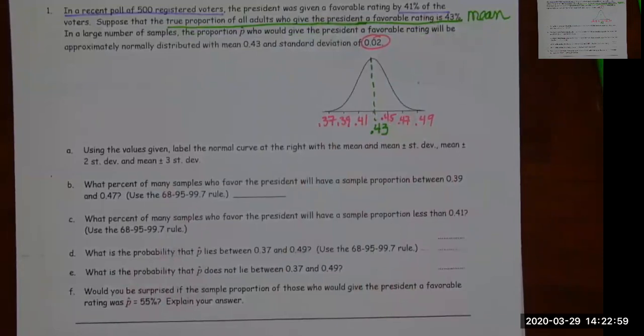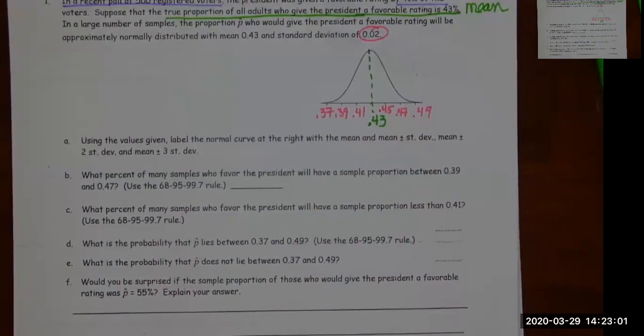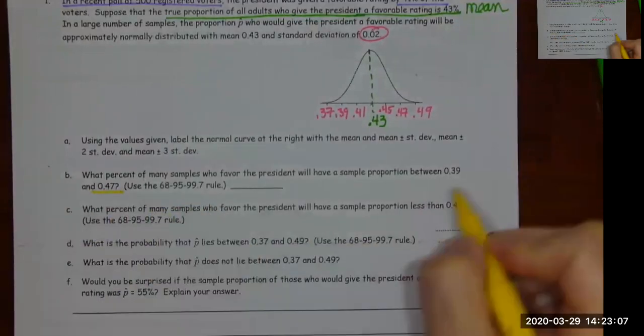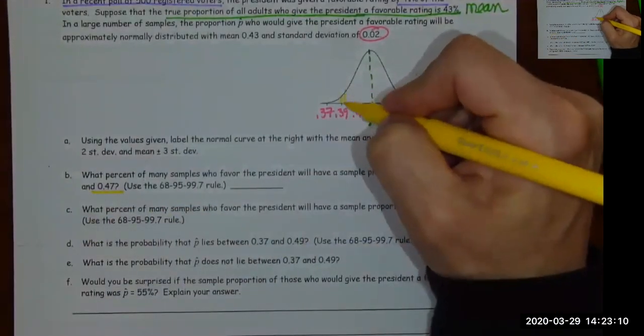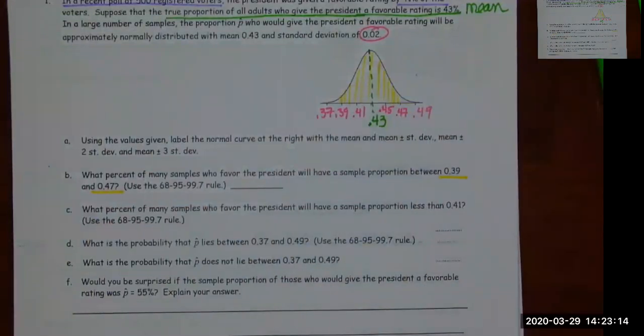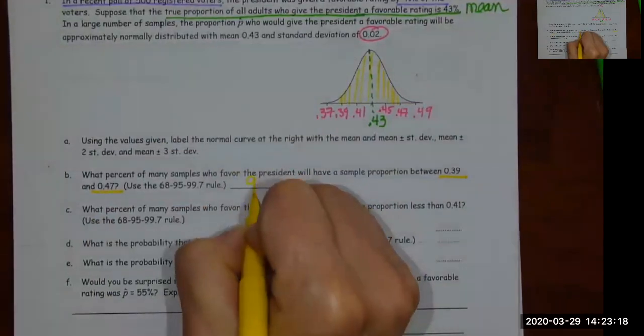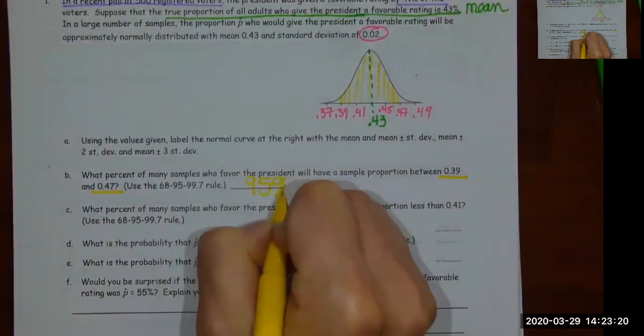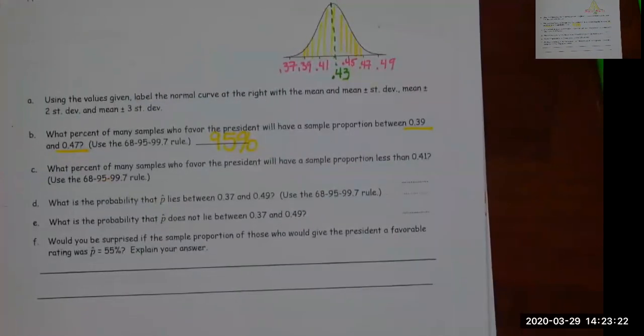What percent of the samples who favor the president will have a sample proportion between 39 and 47? So I'm going to do this one in yellow. 39 and 47. Well, we can see that that's within 2 standard deviations, so we know that that is 95%, right?